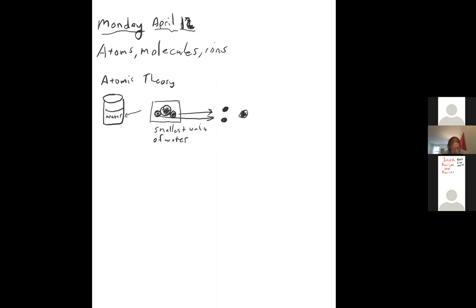What you would find is that this one right here in the middle is something called oxygen. And that these two over here are something called hydrogen. Okay. And so these individual little particles are called atoms. Okay, so this would be an oxygen atom, and these would be hydrogen atoms. And those would be the smallest units of hydrogen and the smallest units of oxygen.